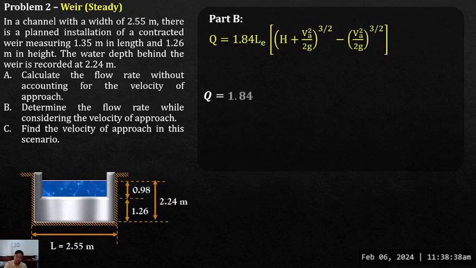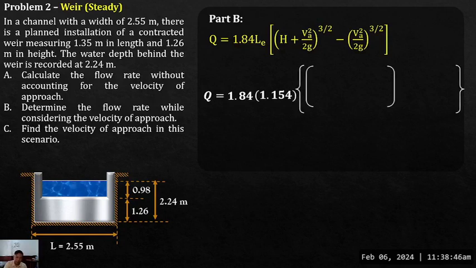So, substitute lang natin, 1.84 times yung effective length at letter A, that is 1.154, times yung head natin, that is 0.98, plus yung velocity of approach natin.